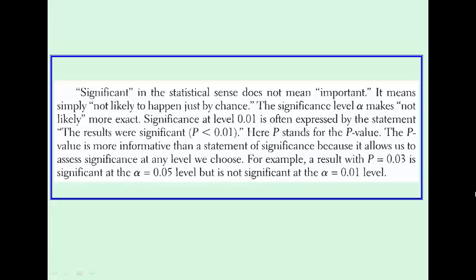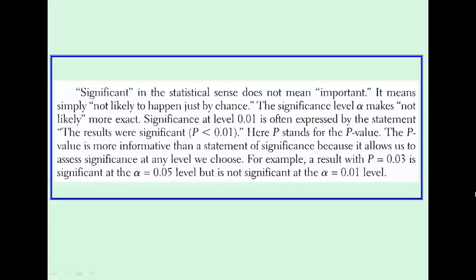The significance level at alpha makes not likely more exact. A significance level of 0.01 is often expressed by the statement, the results were significant at p is less than 0.01. Here, p stands for the p-value that you get from your A table when you calculate your z-score and you get your probability. The p-value is more informative than a statement of significance because it allows us to assess significance at any level we choose.